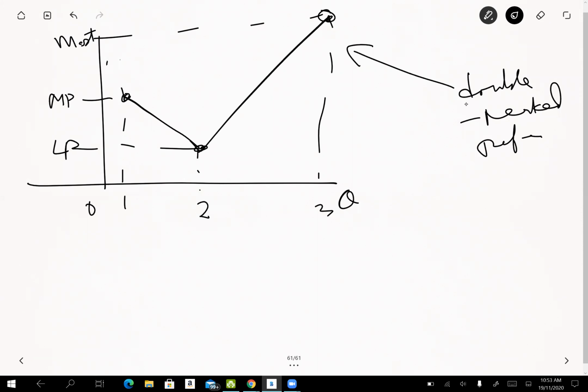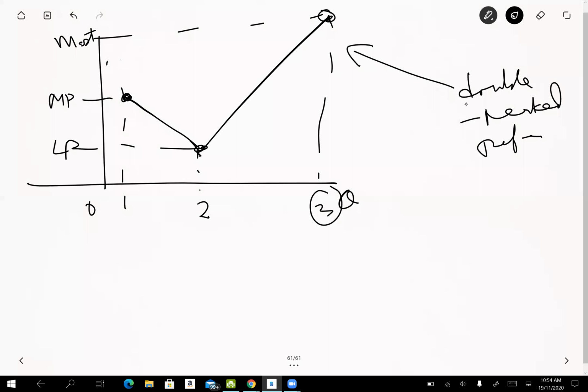So in terms of preference, this guy here likes the lowest quantity more than something in the middle. And of course, he likes the highest quantity more than the others.